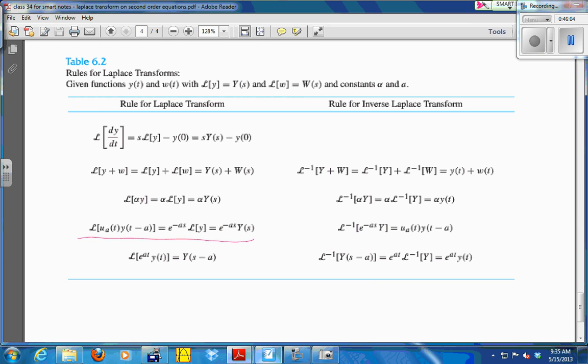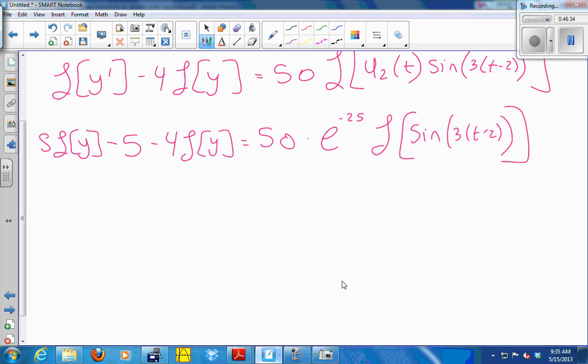I just looked at the table and I said, oh, if you want to take the Laplace of u sub a times another function, it's e to the negative as, so I just wrote down e to the negative 2s, and then times the Laplace of y. But, that's not of the shift though, so it's just 3t, not t minus 2.